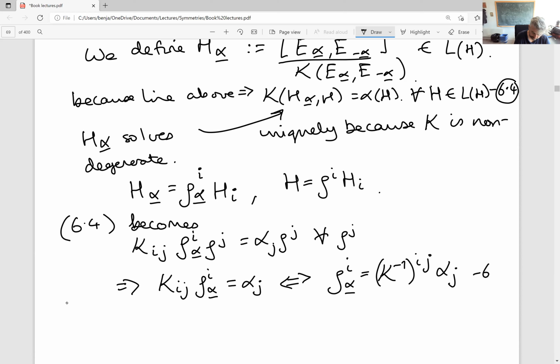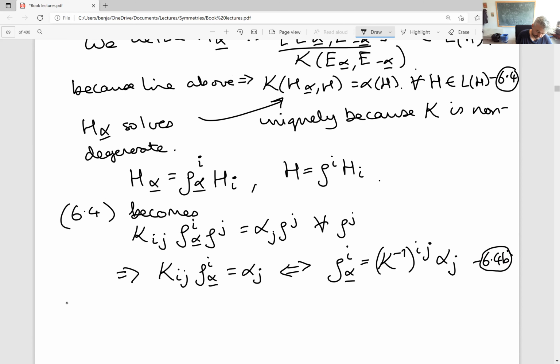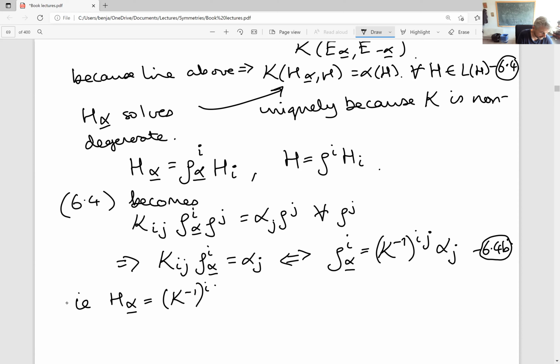We call this 6.4b. So we just substitute this rho^i_alpha back into H_alpha. So we've got kappa^(-1)_ij alpha_j H_i.